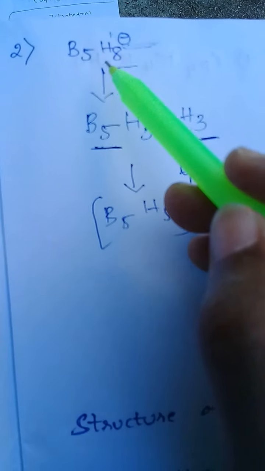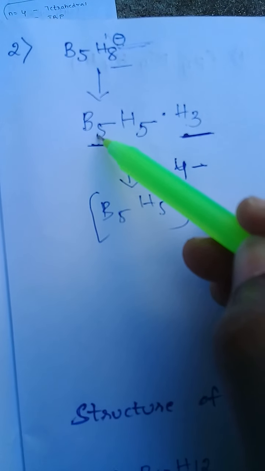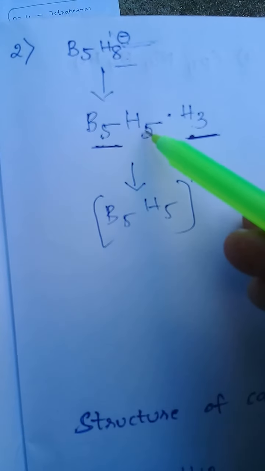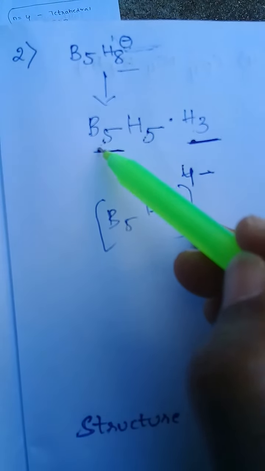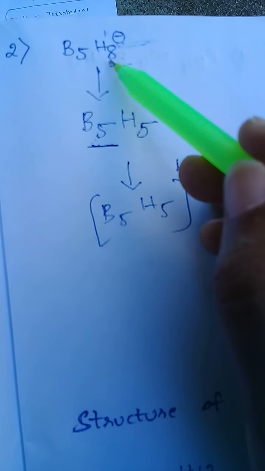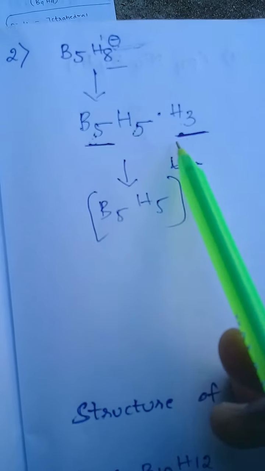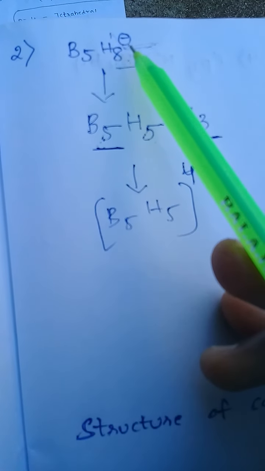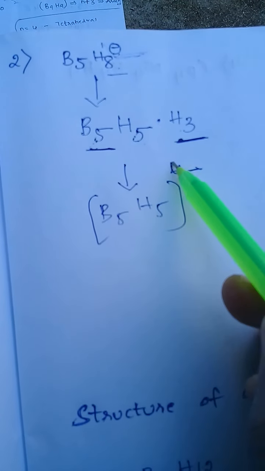For B5H8 minus, B5 and H5: hydrogens equal to borons, so B5H5, and the remaining hydrogens are 3. Along with these 3 hydrogens we take this minus charge also, total 4 minus.